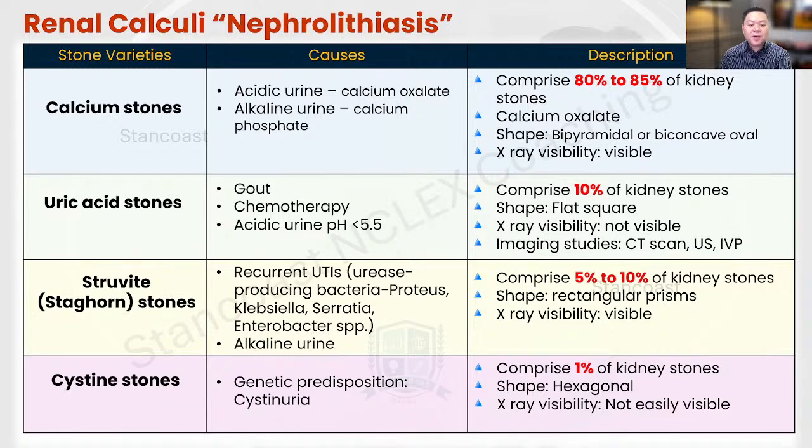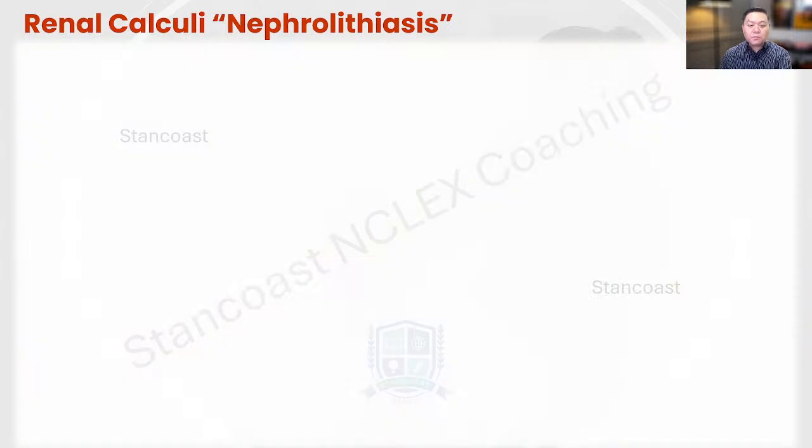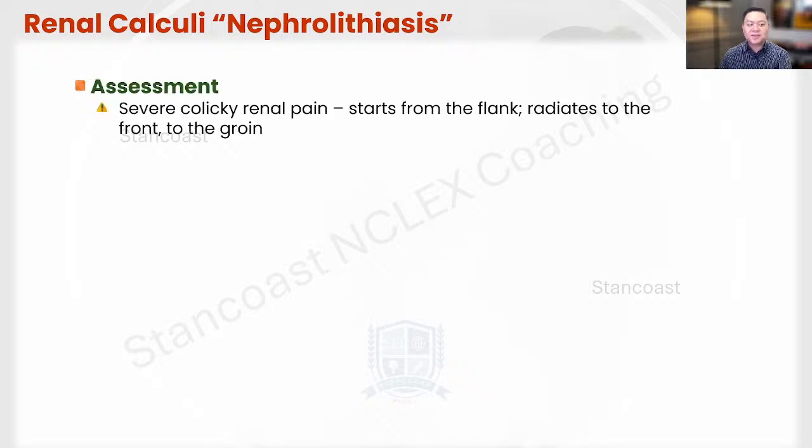Now let's talk about the clinical features of the kidney stones. There are only a few that I'll be sharing here, because these are the only important manifestations, and one of them is actually the severe colicky renal pain. This is the topmost manifestation that the patient will be reporting.